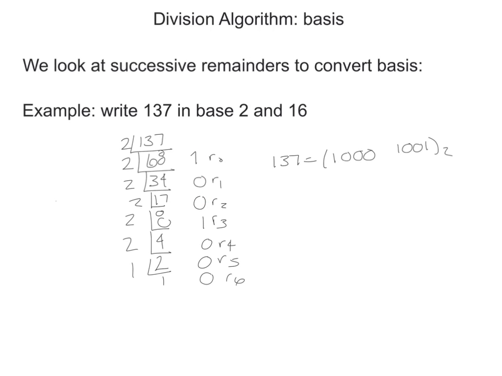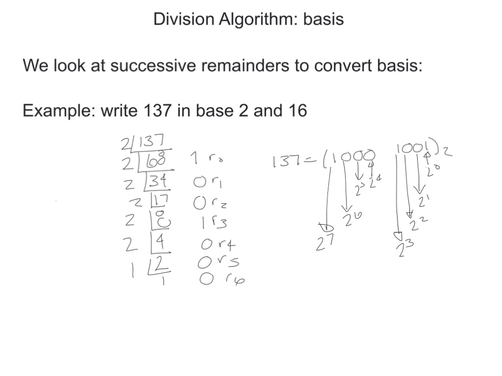To check that answer, you would have 1 times 2 to the 0, plus this is our 2 to the 1 term, this is our 2 squared term, and then 1 times 2 to the 3rd. Here we have 2 to the 4th, 2 to the 5th, 2 to the 6th, and 2 to the 7th.